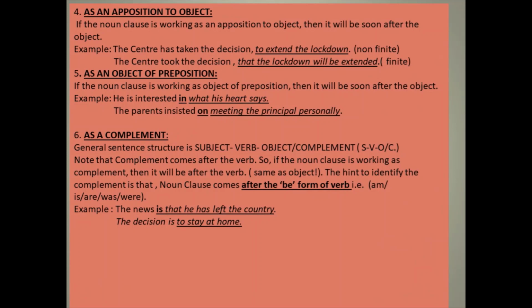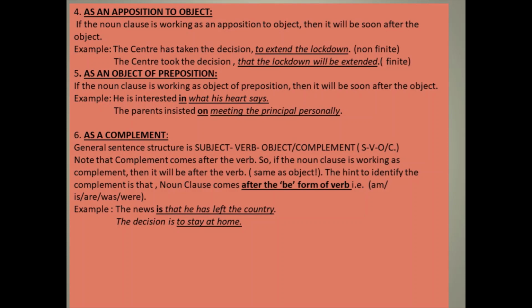Similarly, we continue, as I told you, as an apposition to object. Now, if you have a noun clause that is functioning as an apposition to the object, then how will it be identified? If the noun clause is working as an apposition to object, then it will be soon after the object.